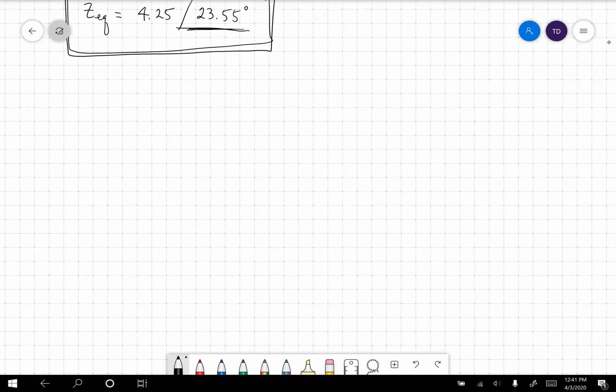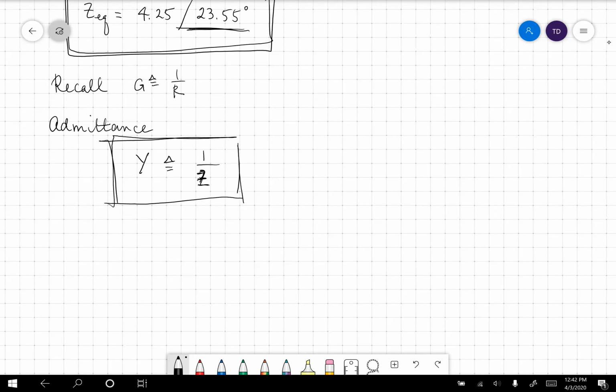When we had resistors, just recall, we had a quantity G, and that was defined to be equal to 1 over R. Here, we have our admittance, which is not G, which is Y. And Y is defined to be 1 over Z. By definition, Y is 1 over Z. And we have admittances for the same reason we have G's, conductances.